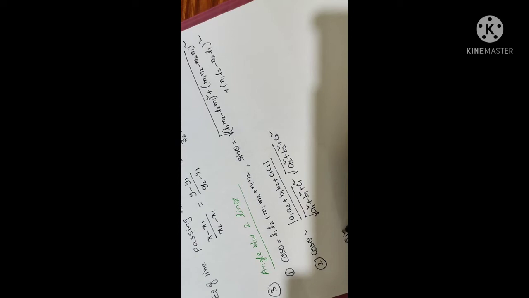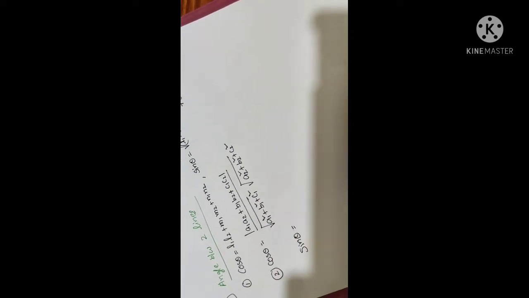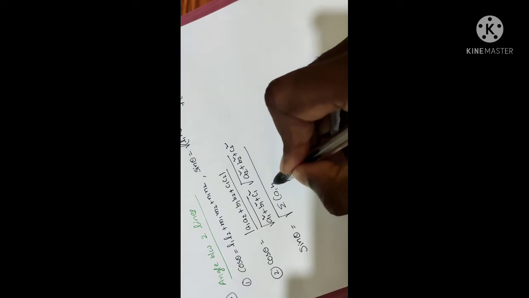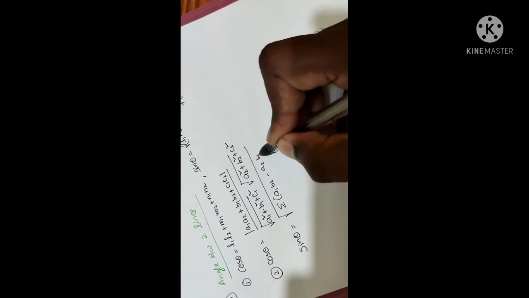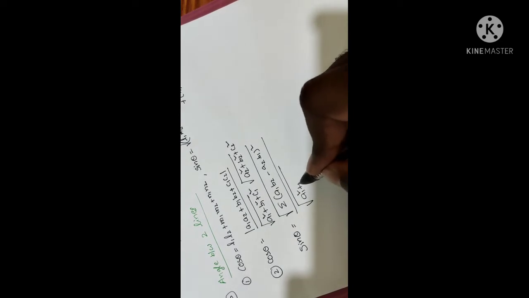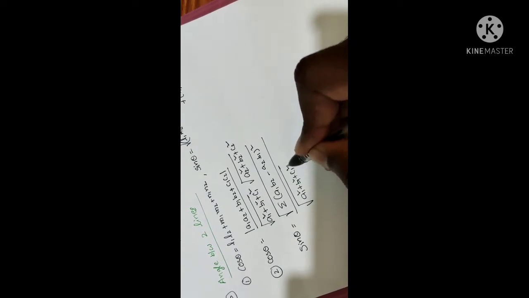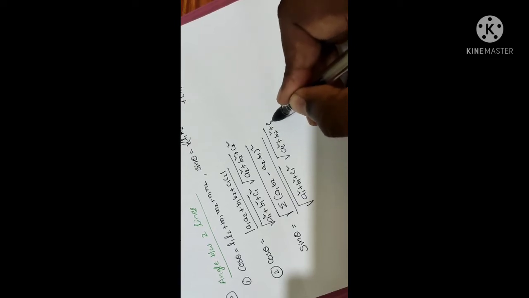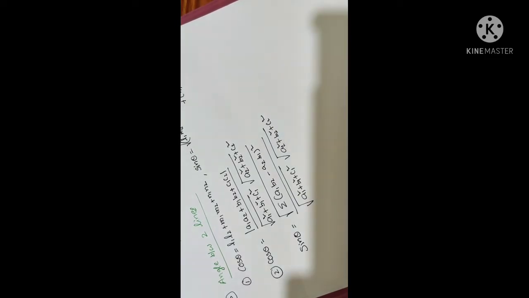Then what about sin theta? Under root of sigma A1 B2 minus A2 B1 whole square by under root of A1 square plus B1 square plus C1 square, A2 square plus B2 square plus C2 square. I am not writing tan theta because if you know sin and cos, you can easily get tan theta.